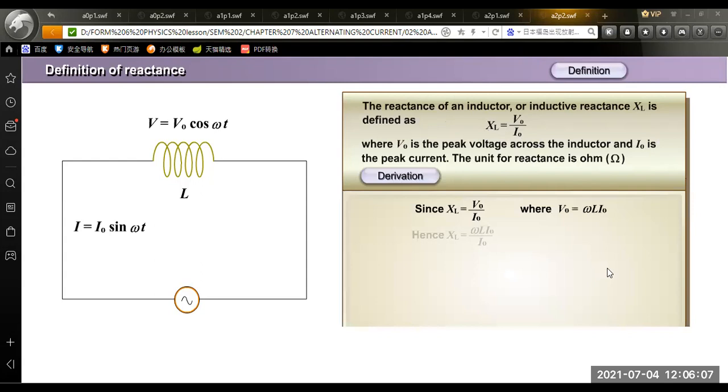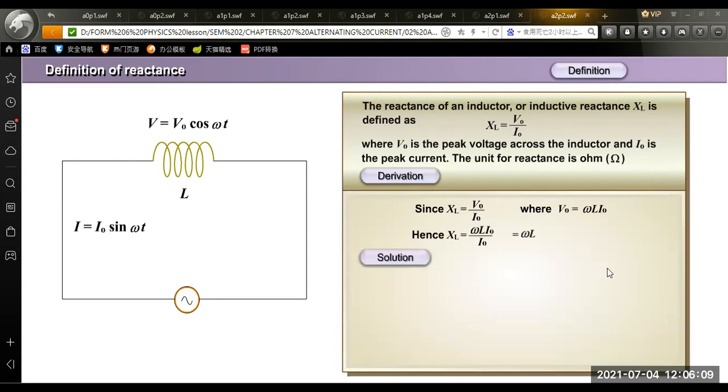Since XL equals V naught over I naught, where as we know V naught, the maximum voltage, equals omega L I naught, hence XL is omega L I naught over I naught.